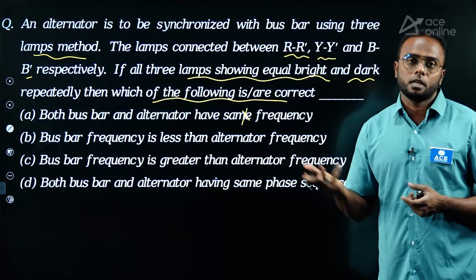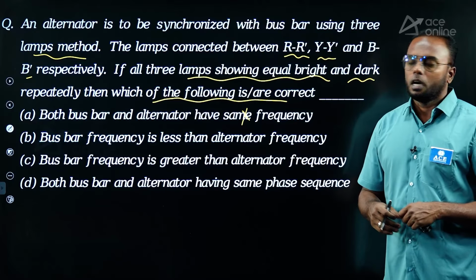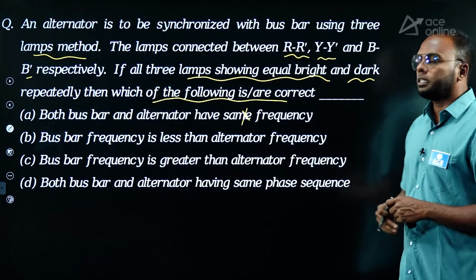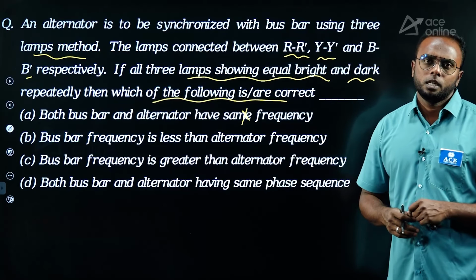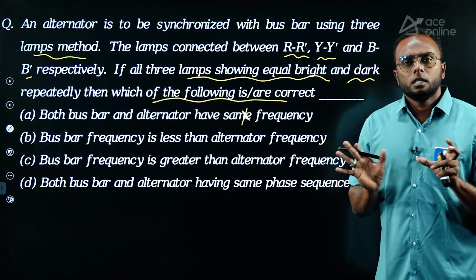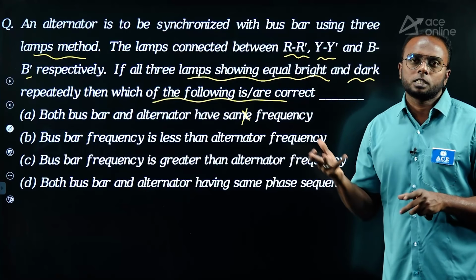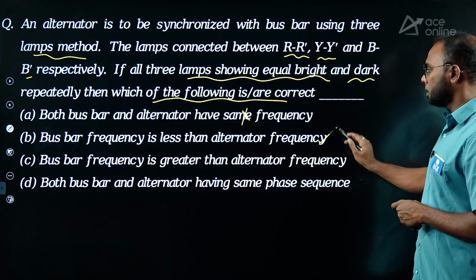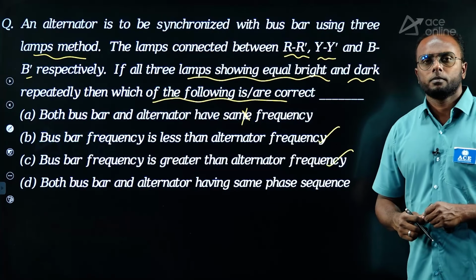Busbar frequency greater than alternator frequency, or busbar frequency less than alternator frequency, both are possible. Here lamps just becoming bright and dark means flickering is there, but there is no condition that always one is greater. So both are possible, not any one.